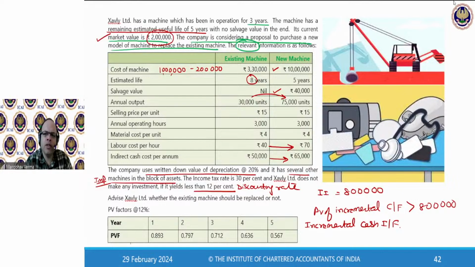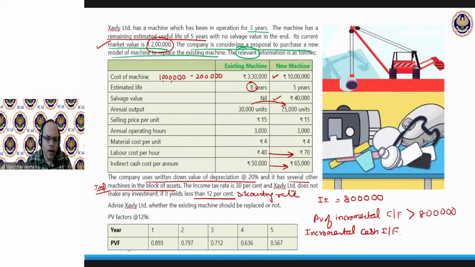So we have 30,000 units for the existing machine and 75,000 for the new machine. Sales is 15. So in this scenario, my additional units is 45,000. So I'm getting 45,000 into 15, which is 6,75,000 every year, right? Am I correct? But that is additional revenue.